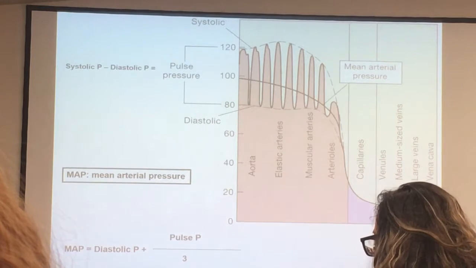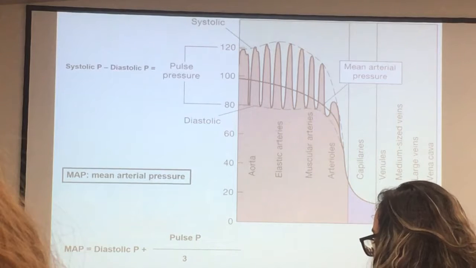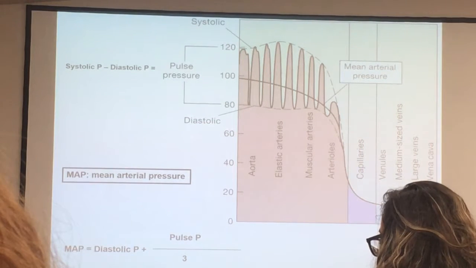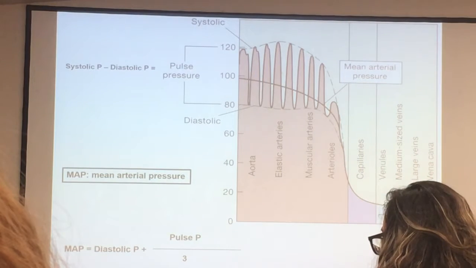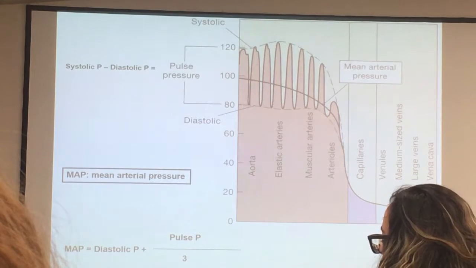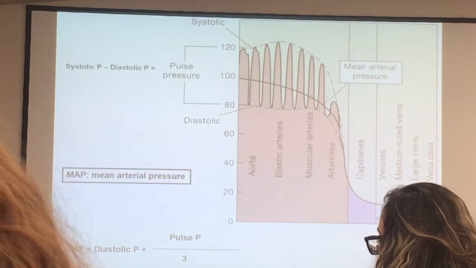We are not dividing by 2, we divide by 3 because it is close to the lower end. The answer will be 90 plus 30 divided by 3, which is 10, and so 100. So we just say that person's mean arterial pressure is 100.